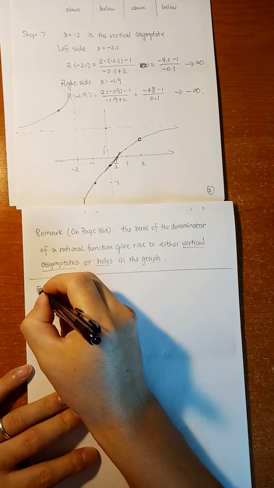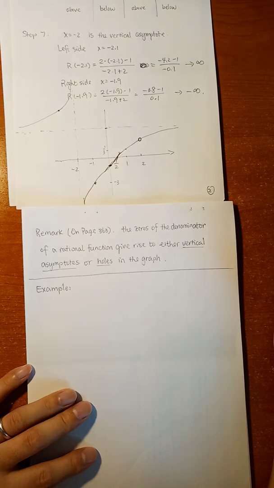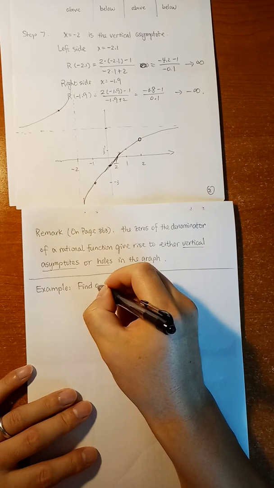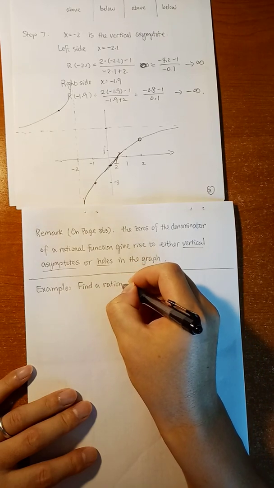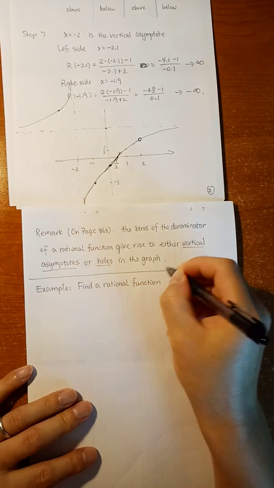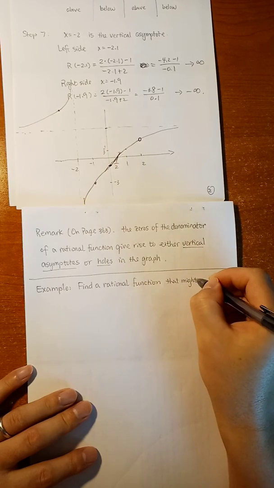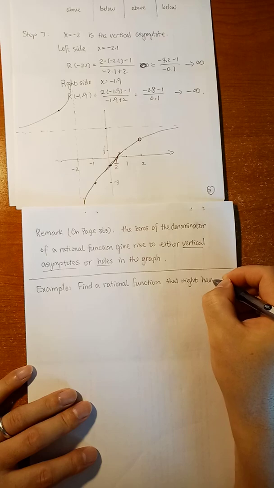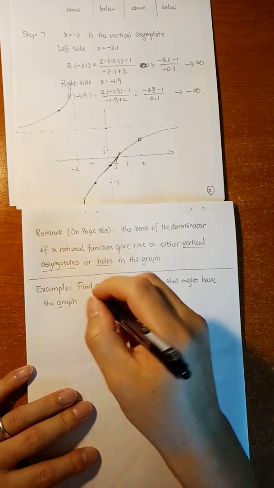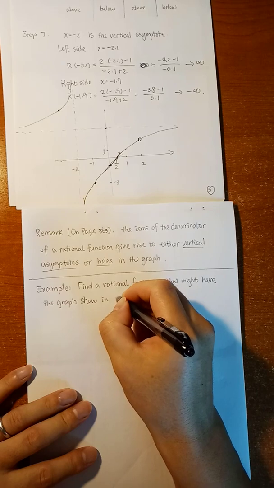Now let's see the next example. Find a rational function that might have the graph shown in the figure.